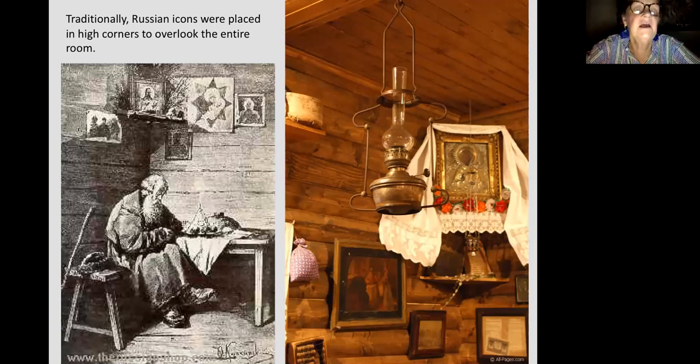Traditionally, Russian icons were placed high in corners to overlook the entire room. So I don't know if you can make out in this kind of pixelated image, but that's Jesus up in the corner overlooking the room. And here we have the Virgin Mary up in the corner, again, overlooking the room.